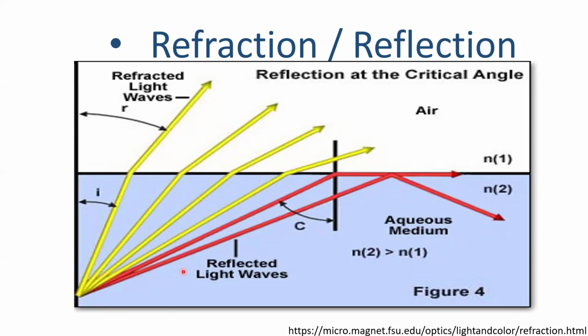So if we shoot the signal, it's going to bounce off and stay within, and bounce off and stay within, and just continue bouncing until it gets to the other end. And we can catch the beam, or catch the mode, and read the signal.